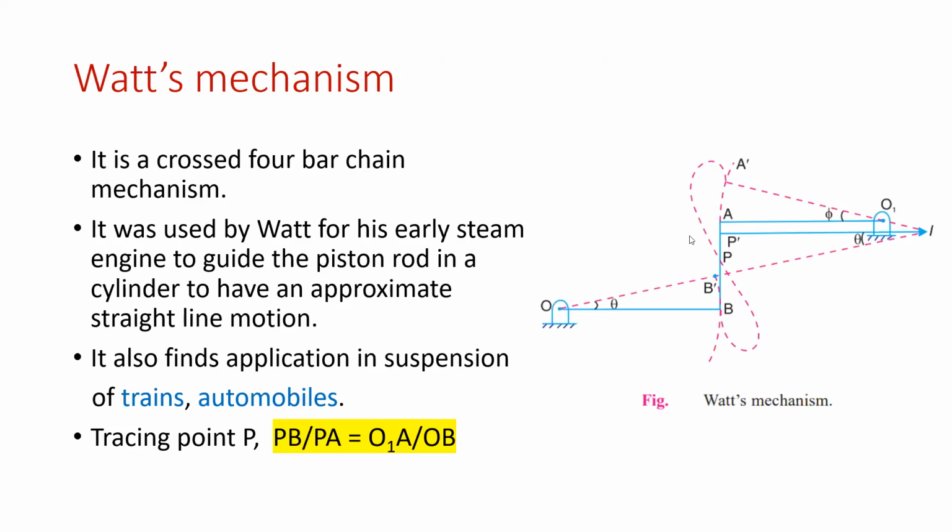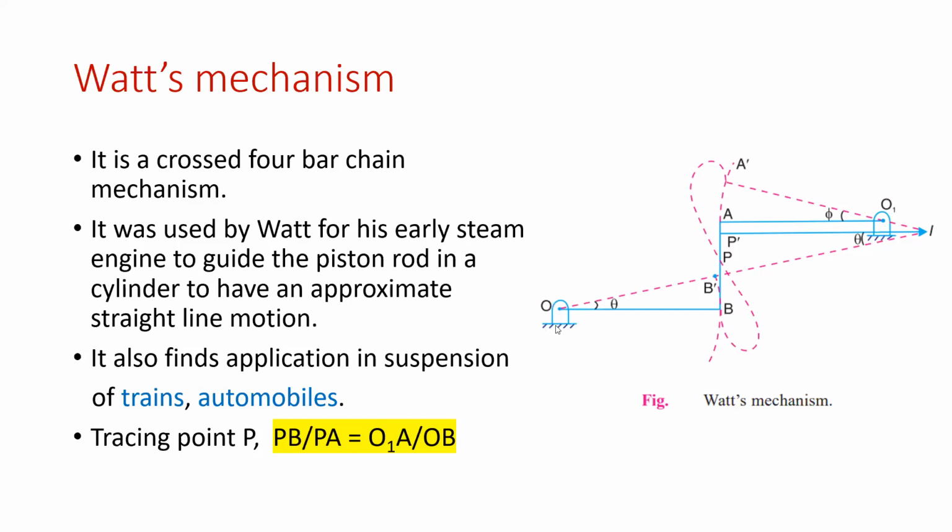So you can see the first mechanism, which is the Watt mechanism. It has four bars. The first bar is nothing but your fixed link, the line which is connecting the fixed points O and O1. So it will make one link.